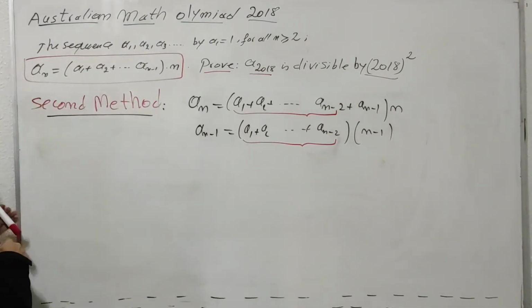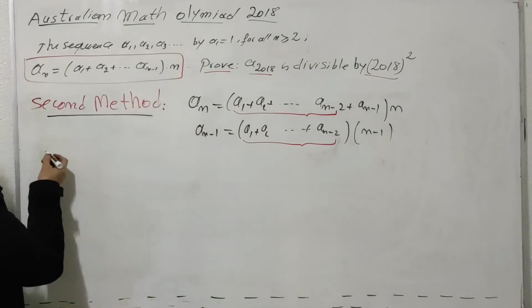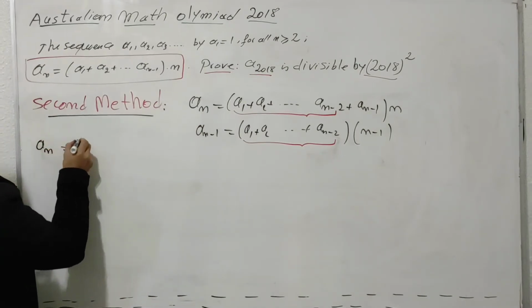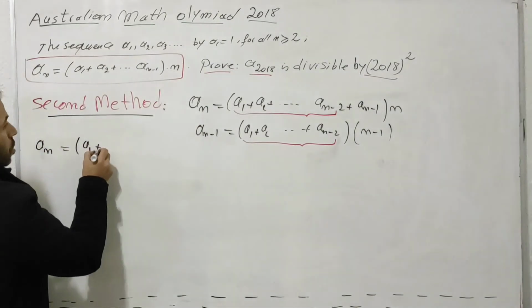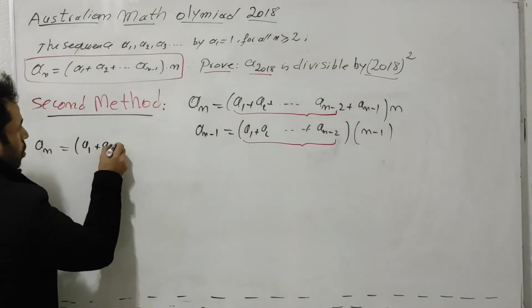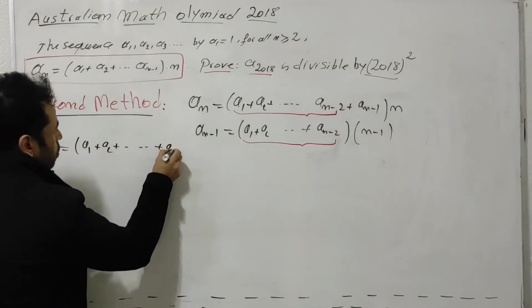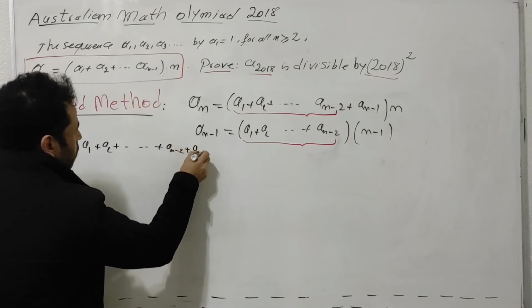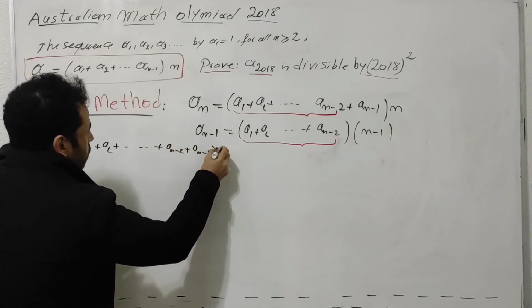So now the original expression, which is e sub n equal to e sub 1 plus e sub 2 and all the way down to e sub n-2 plus e sub n-1, is multiplied by n. Okay.